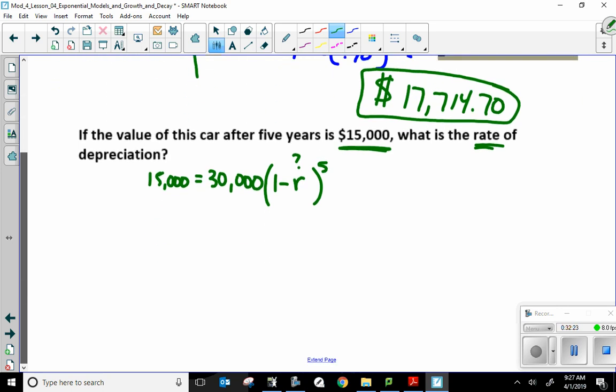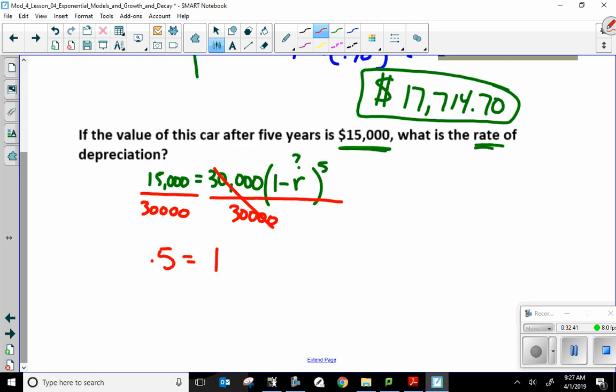We're going to solve for R using opposite math. The first thing I'm going to do is get rid of this 30,000. I'm multiplying my 1 minus R by 30,000. So the opposite of multiplication is division. And that ends up being 0.5. That's a half. 1 minus R to the 5th. Now, I want to get rid of the exponent.